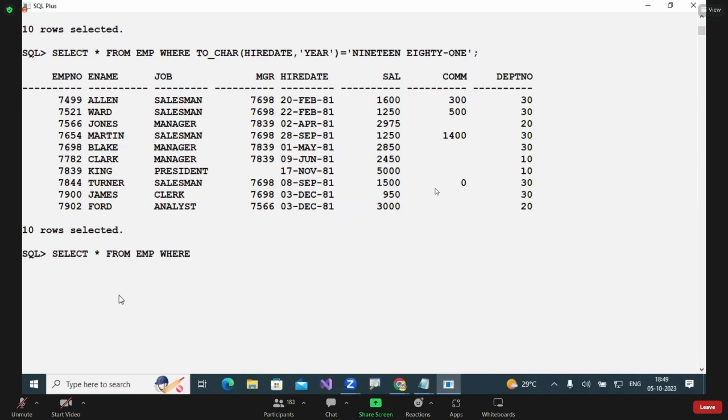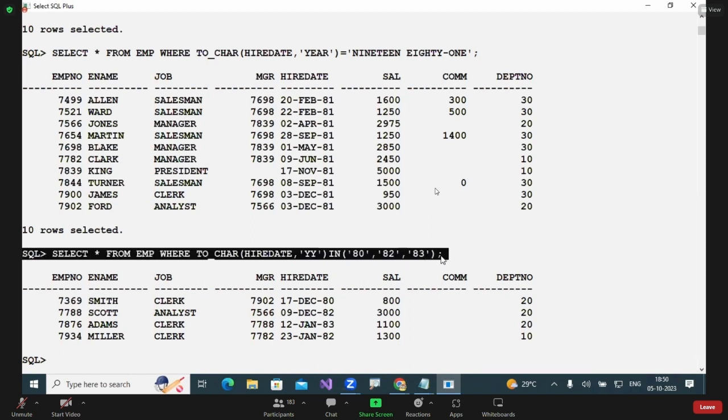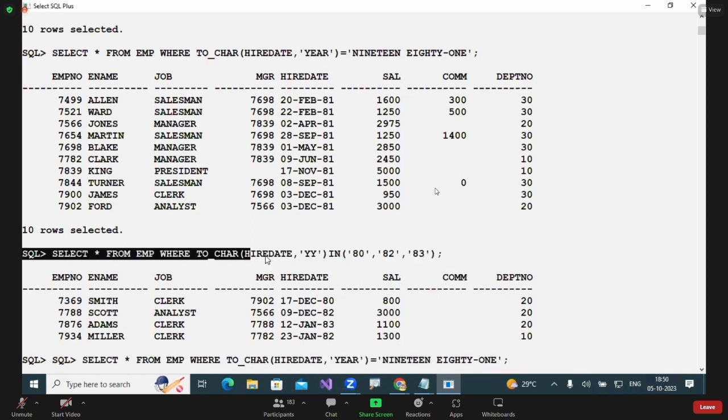SELECT * FROM EMP WHERE TO_CHAR of HIREDATE, YY, IN, which format am I taking? 2-digit format. 80, 82, 83. Okay, the OR operator is also correct, but it is a very lengthy expression. We need to write 3 conditions. So instead of that, you can also take IN. So those who wrote OR, take IN also.